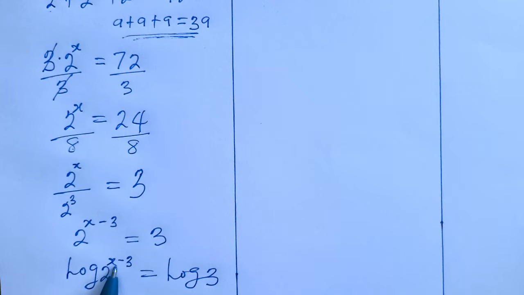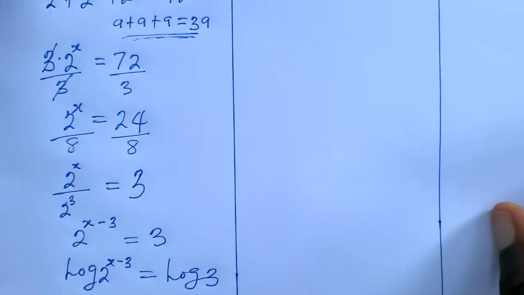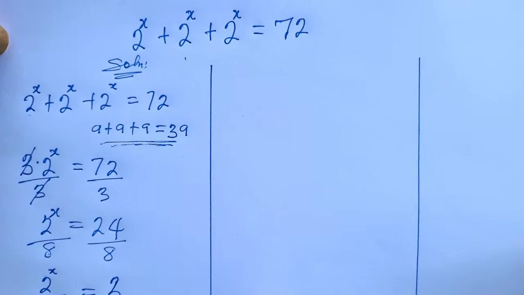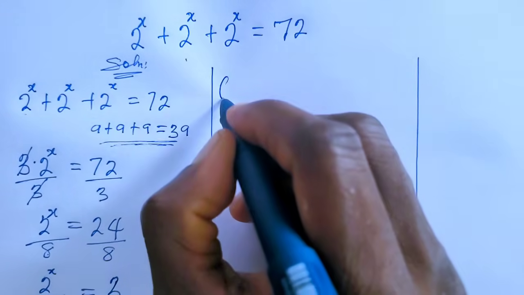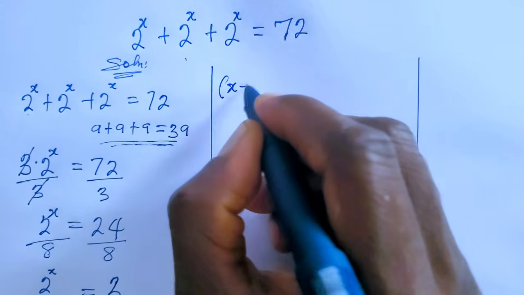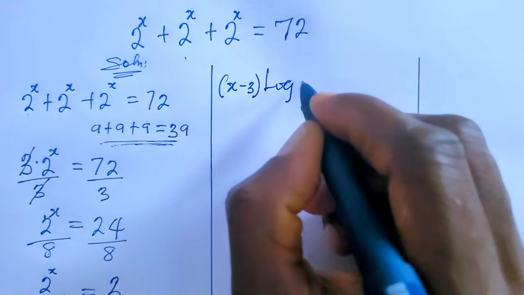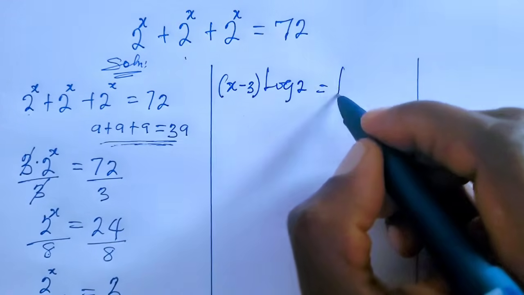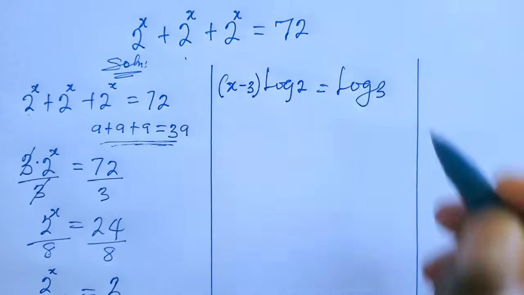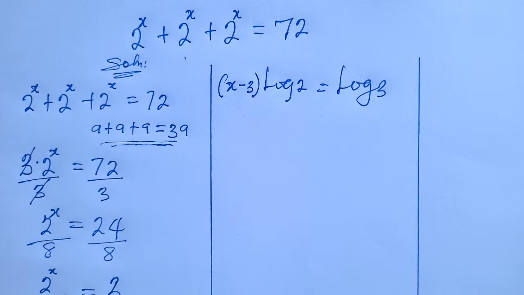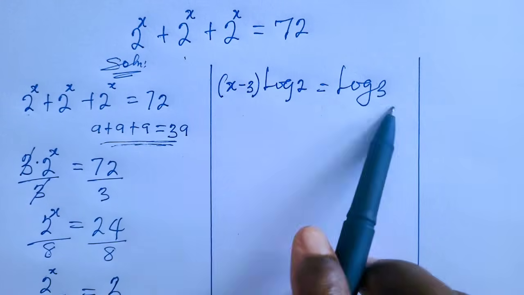That means I'm going to bring this power to the front of the log, and the equation becomes x minus 3 times log 2 equals log 3.